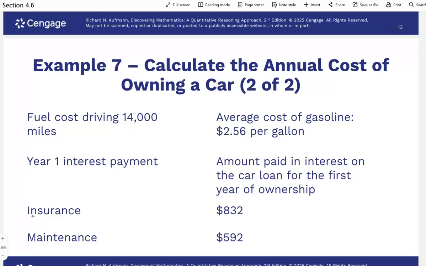They're looking at driving 14,000 miles a year, and right now the average cost in this example is $2.56. So how much are they going to spend in gas every year? Well, let's multiply that 14,000 times price per gallon. Actually, we need to rethink that because it's not 1 gallon for every 14,000 miles.